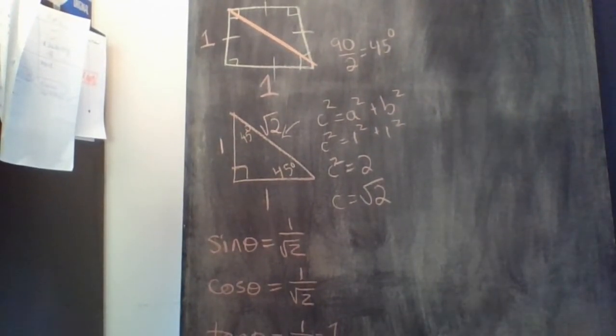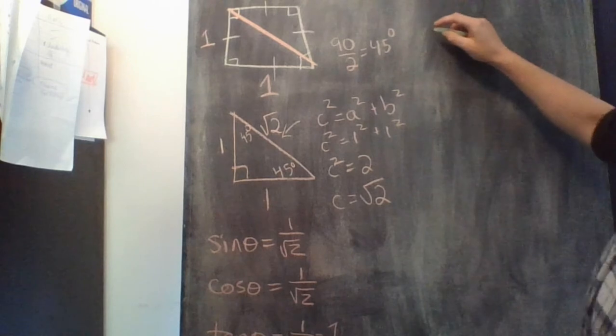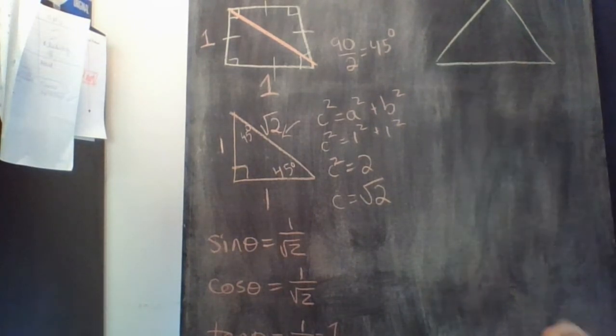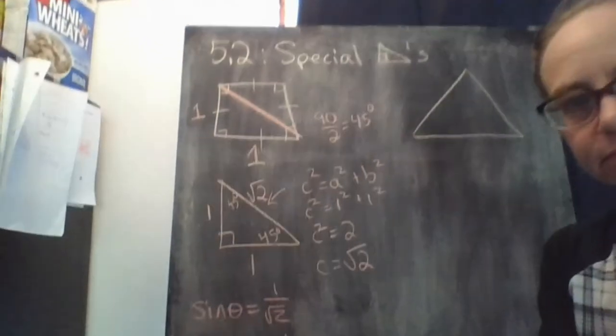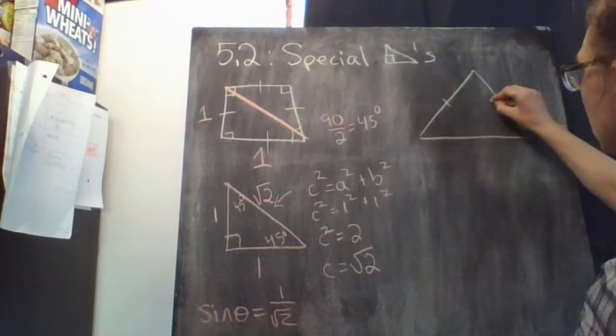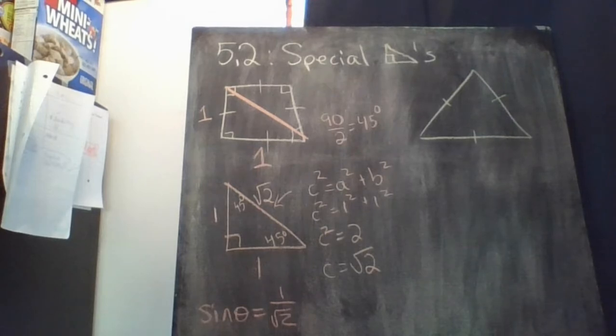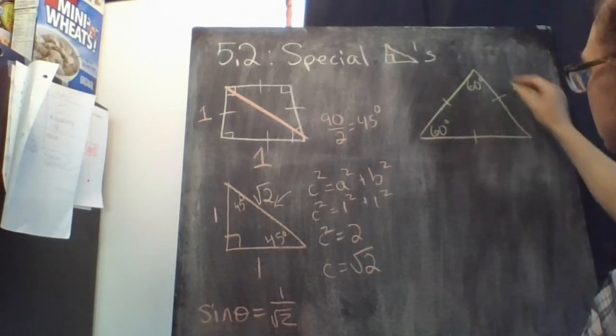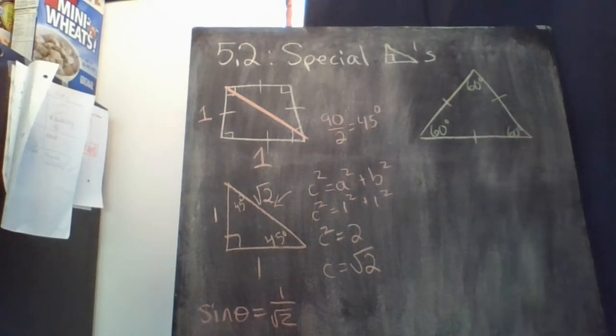Special triangle number 2. So let's take an equilateral triangle. In an equilateral triangle, they're all the same length. And an equilateral triangle we know is a 60, a 60, and a 60.